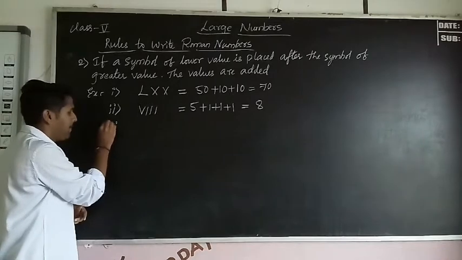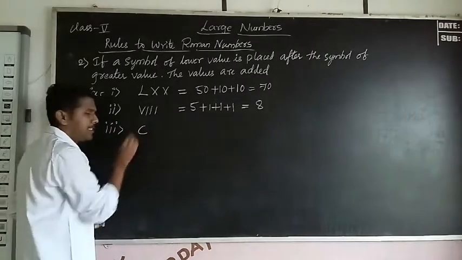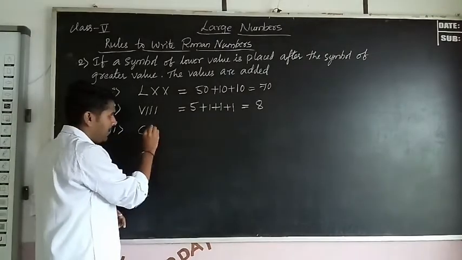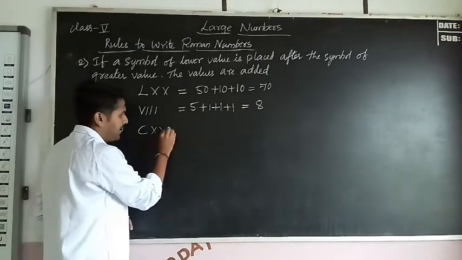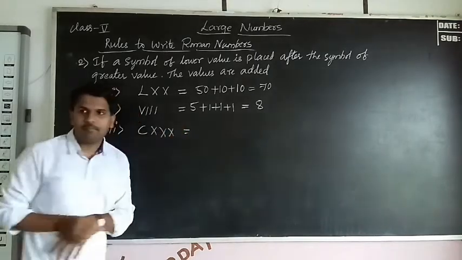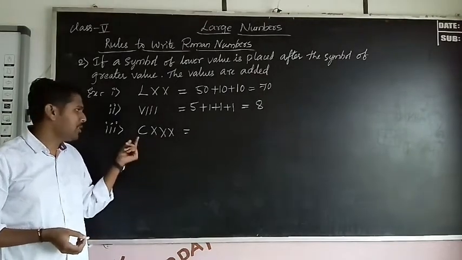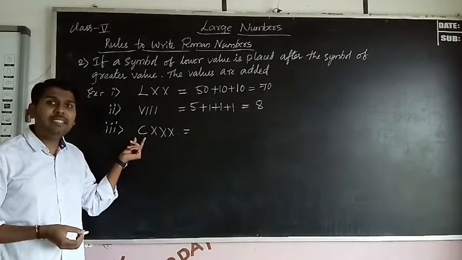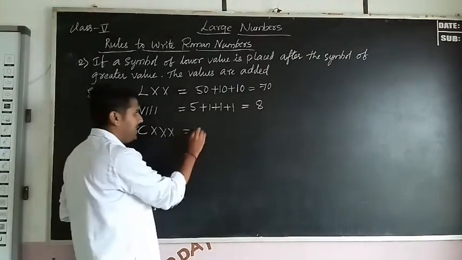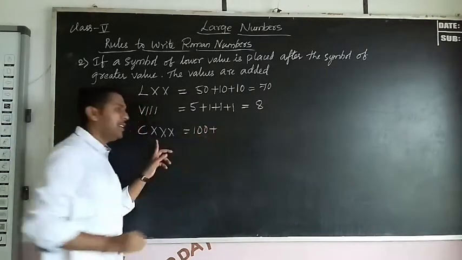Take another one. CXXX. So smaller value is placed after greater value only. So what is the value of C? C means 100, no? C means 100. What about X? X value is 10.